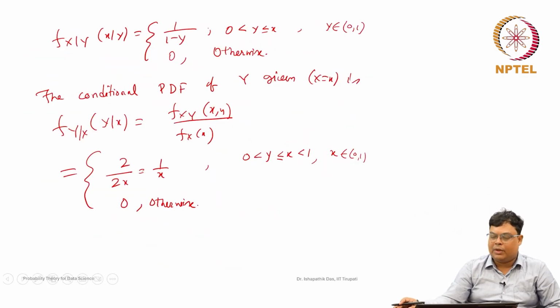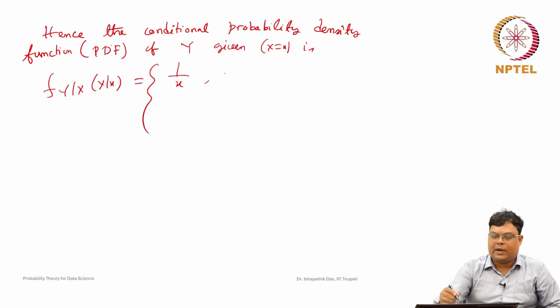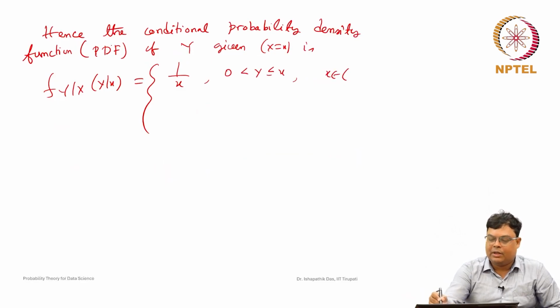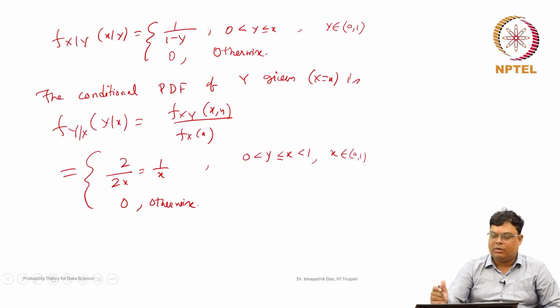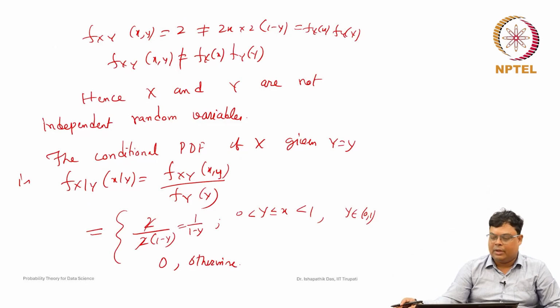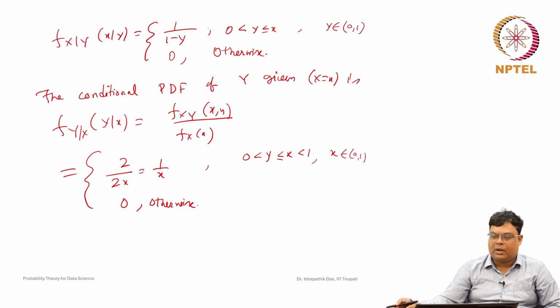So, here also we have to give the limit 0 less than y less than or equal to x, where x between 0 and 1 can take any value, then 1 by x. Similarly, here it is 1 by 1 minus y, where x is between y and 1.